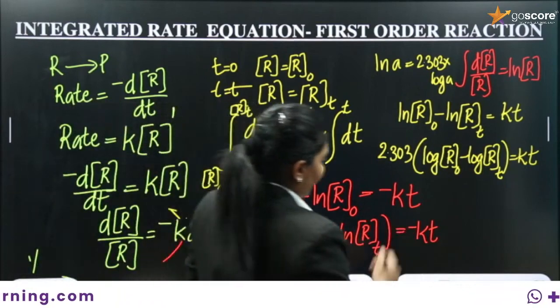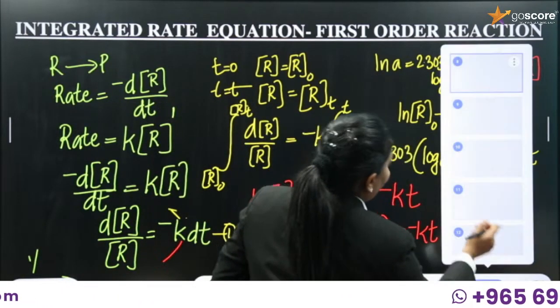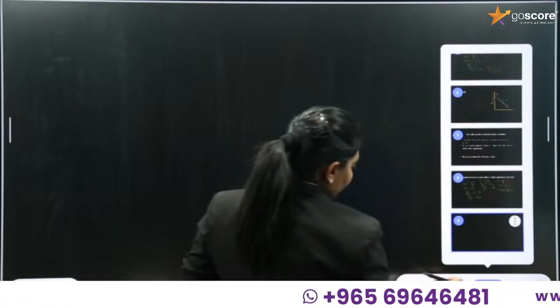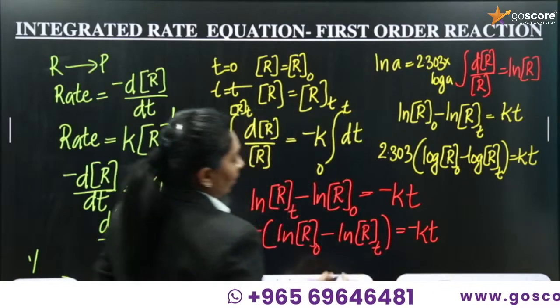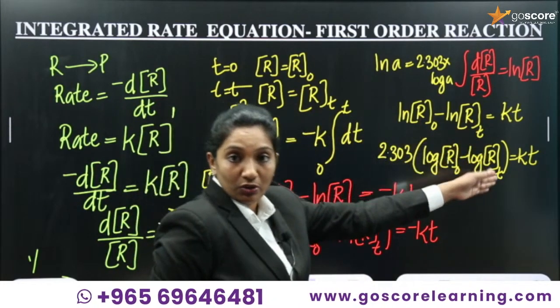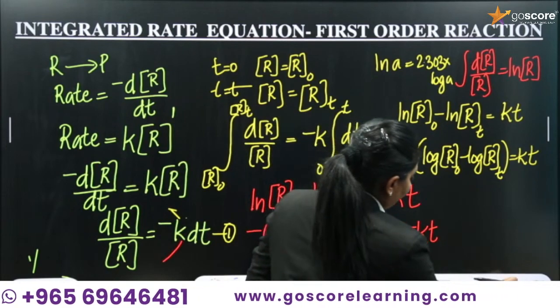So, on the next slide, we can rewrite here what we got, 2.303 log R0 minus log RT equal to KT, right.